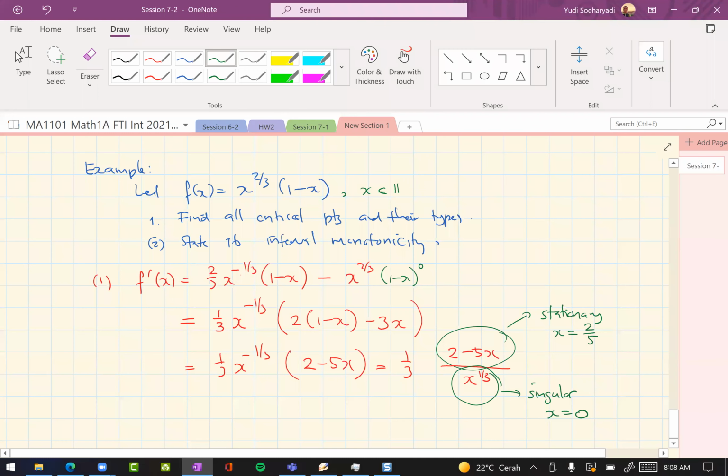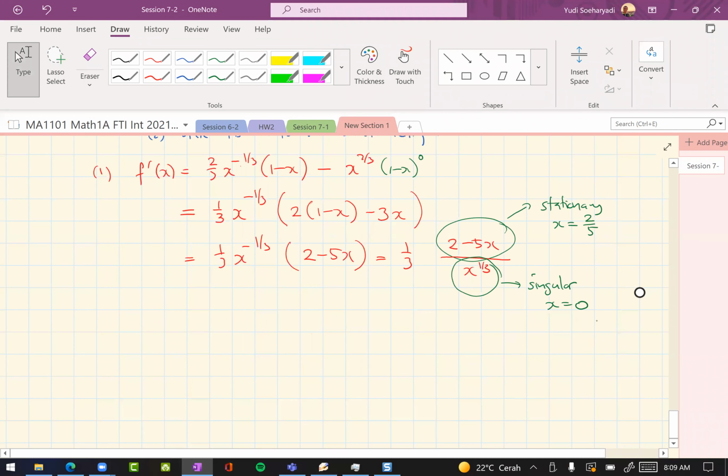So we need to consider these two points. Let's write this down: stationary points at x equals 2/5 and singular at x equals 0.